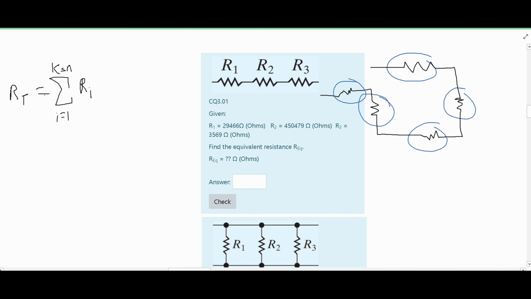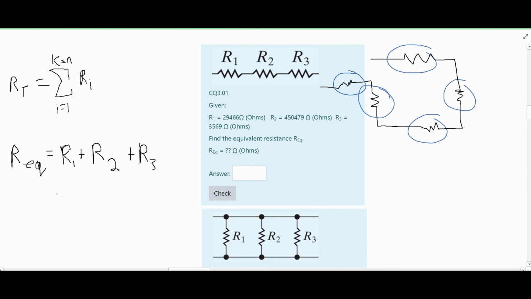For this specific problem, R total, or we can also write it as R equivalent, is equal to R1 plus R2 plus R3. Again, if we had more, we would just keep adding them.